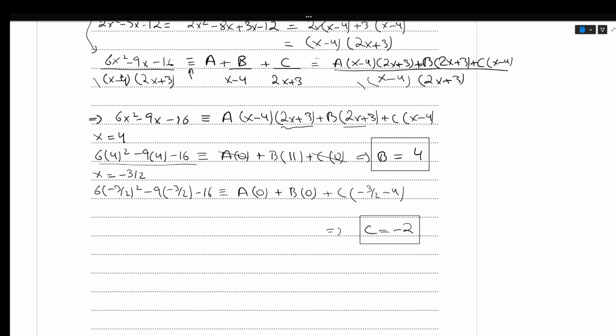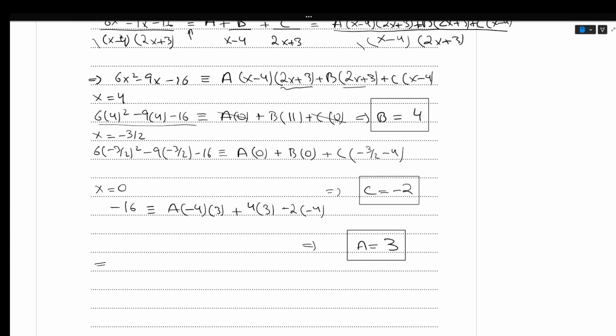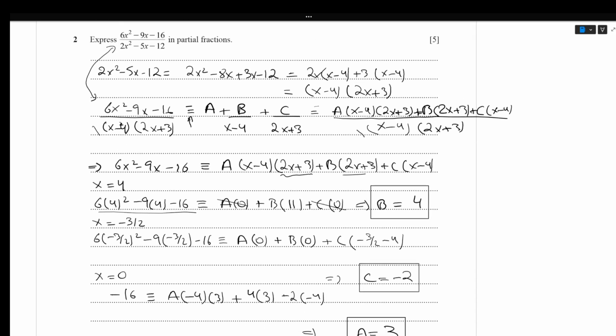and then you can choose x is equals to 0, which gives minus 16 identical to a into minus 4, 3 plus b is 4 into 3 plus c is minus 2 into minus 4, and this will give you a is equals to 3, and you can just put this value back in this and you'll have your expression expressed as partial fractions.